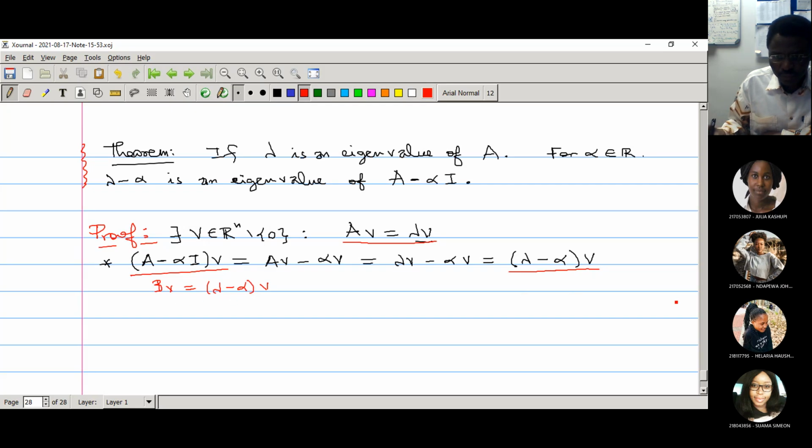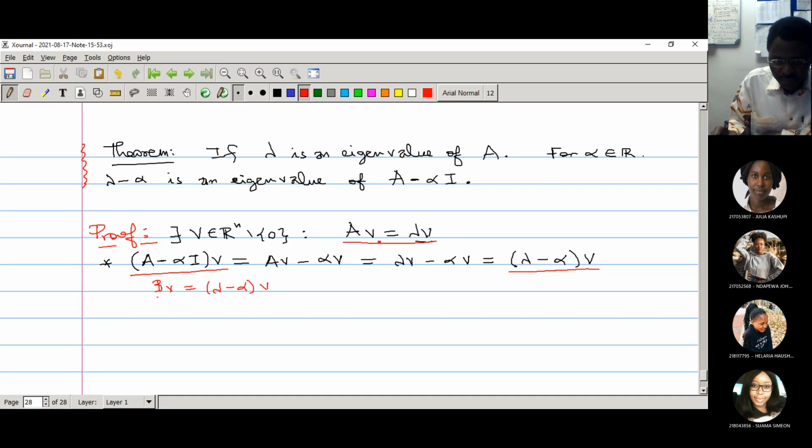Each time you multiply a matrix by a vector and it gives you a constant multiple of that vector, that constant multiple is the eigenvalue of the corresponding matrix. Is this clear?